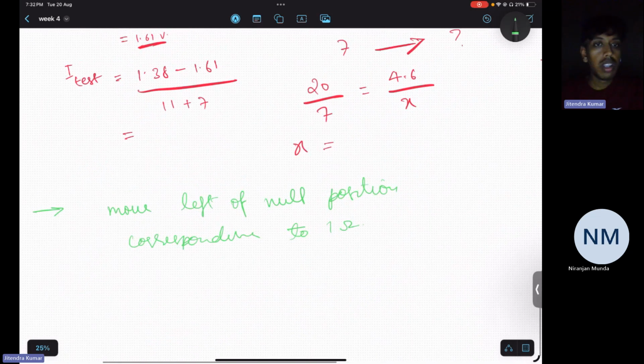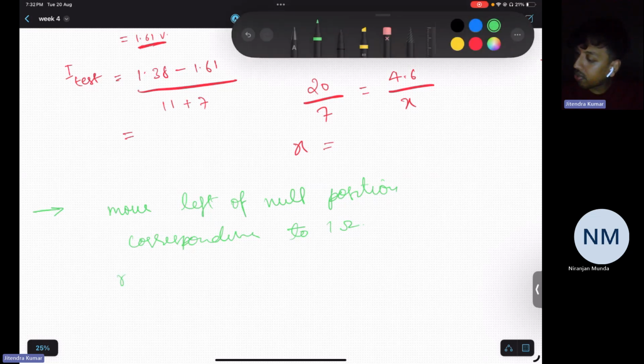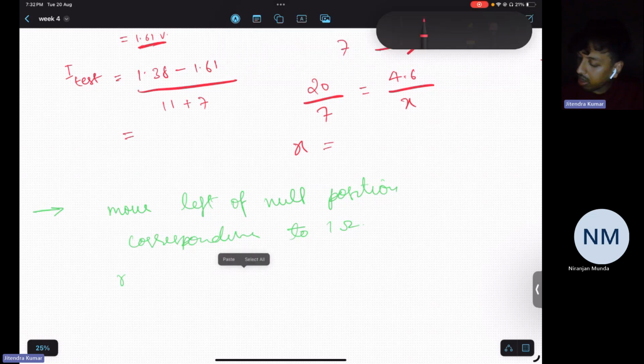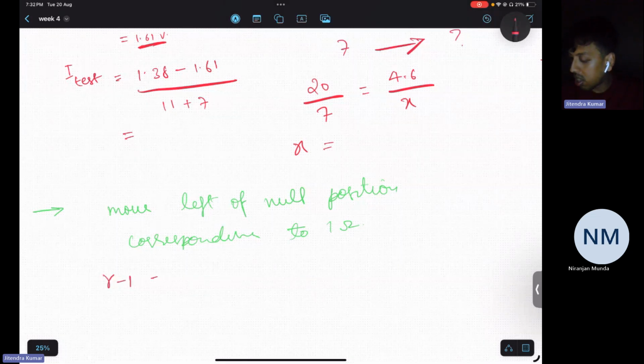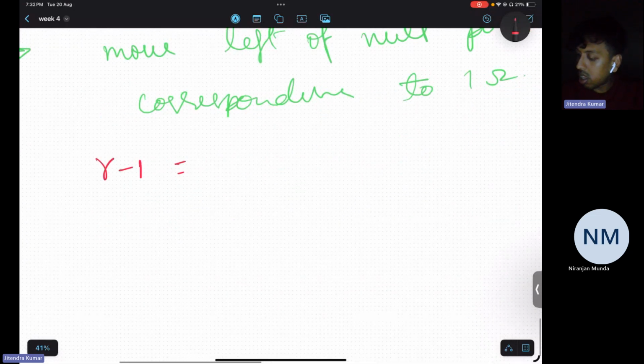Okay. So now we will again do the same thing. We will have to find out R minus 1 this time. So R minus 1 is the new value, which will be 6 minus 1, equal to 5 ohm.